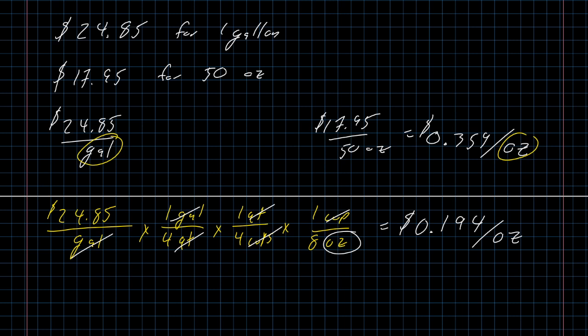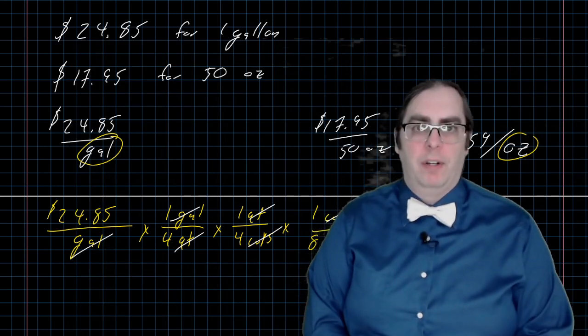And with this written out in this form, I think it becomes abundantly clear that purchasing the 1 gallon is going to get you a much better value than purchasing the 50-ounce container, unless, of course, the 1 gallon container is of a brand that is ineffective. But all else being equal, the 1 gallon container seems to be a better value.